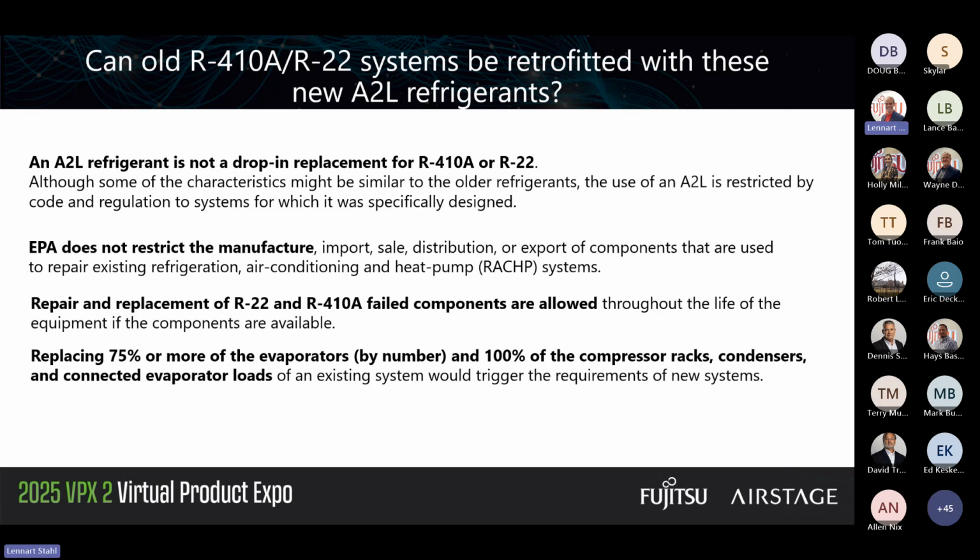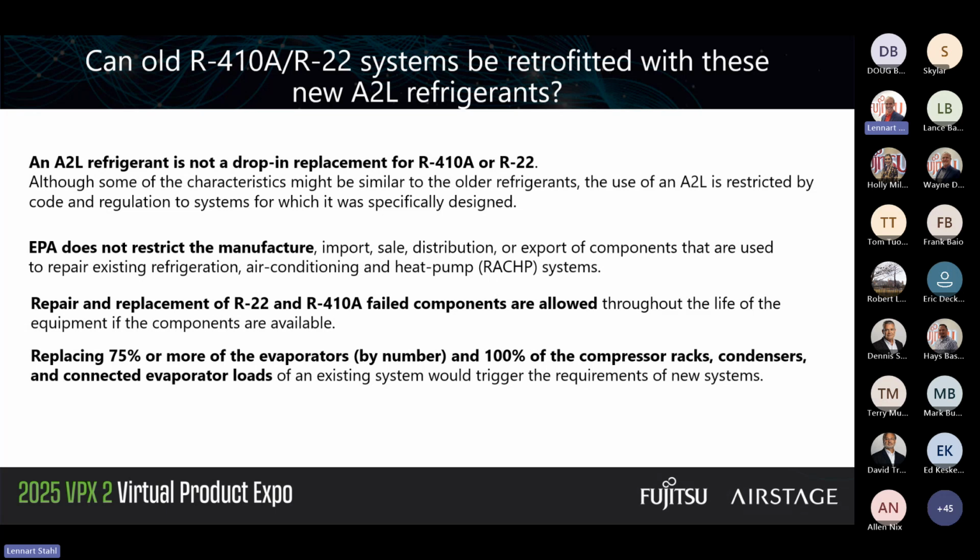Another question that is kind of common is, can the old 410A systems, for example, be retrofitted with A2Ls? No, they cannot. Even though they're similar in many ways, it's not a drop-in replacement. Another refrigerant in the system is going to impact capacity, efficiency, reliability and a few others. So you cannot do a drop-in.